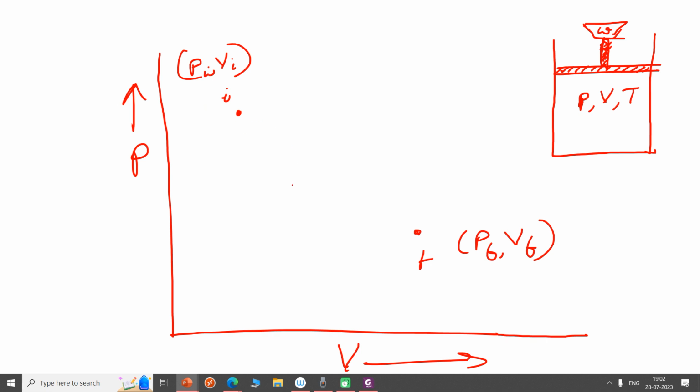The way it has gone from I to F is by some work being done on the system. Since we see that the volume Vf is less than Vi, that means some work has been done on the system.